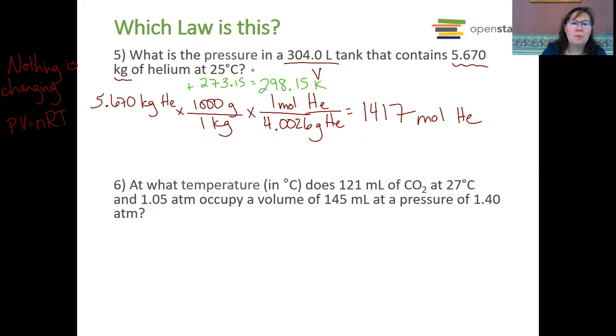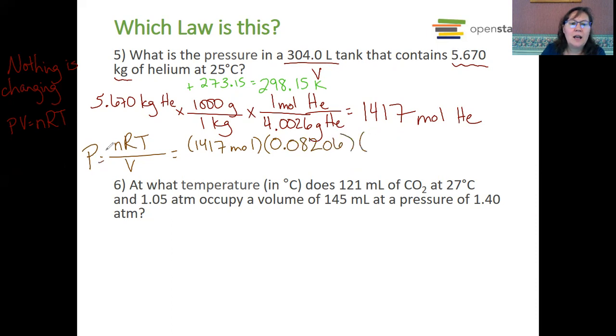All right, so if I'm looking for pressure, pressure then becomes nRT over V, and we have 1,417 moles of helium times our ideal gas constant, 0.08206, times my temperature in Kelvin, 298.15, divided by the volume, 304 liters.